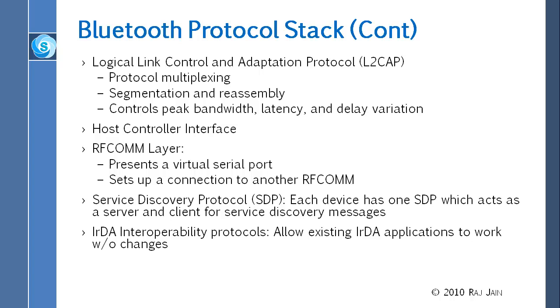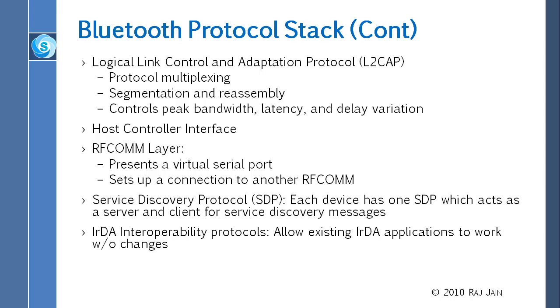So another interoperability that is provided by Bluetooth is the IrDA. As I said, serial ports are very common, and then the next thing which was common for the low speed devices was infrared. So the computer used to have an infrared port, and then you can talk to another printer or another device using infrared. So Bluetooth provides an emulation for that as well, right?